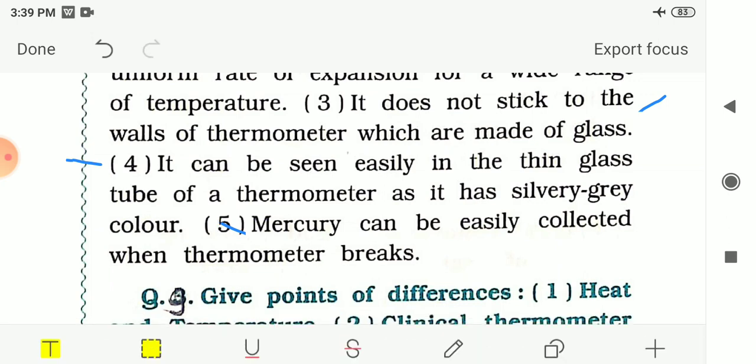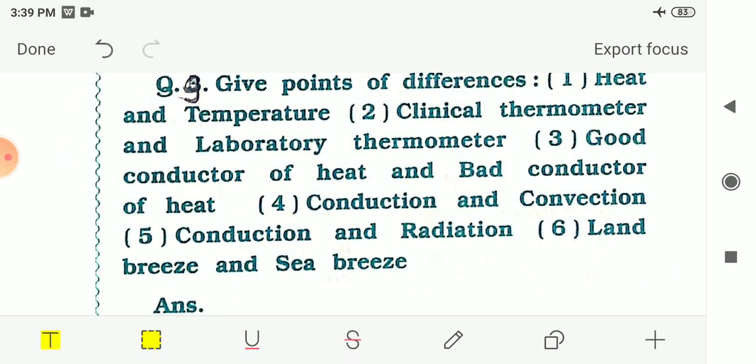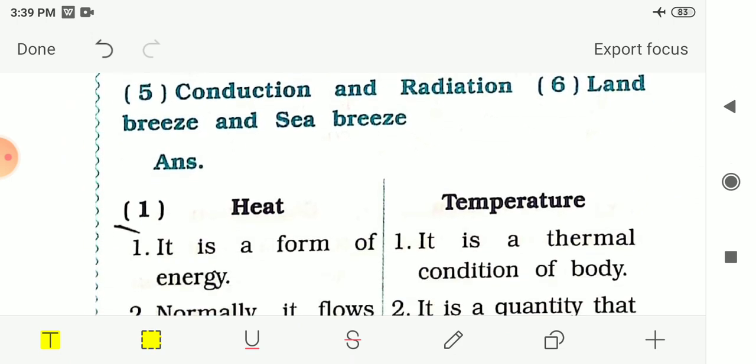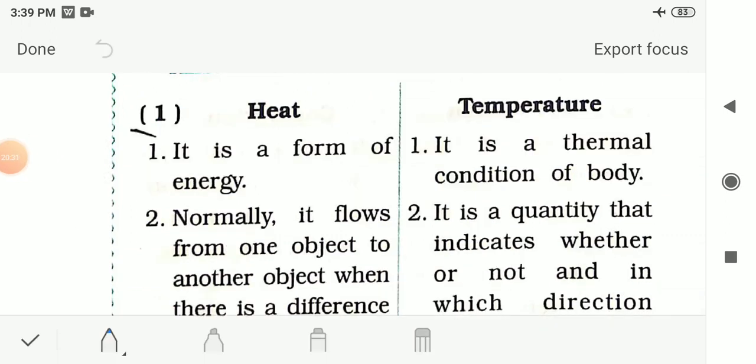Now the next question is difference between. In that, the first difference is between heat and temperature. Heat is a form of energy, whereas temperature is the thermal condition of a body.